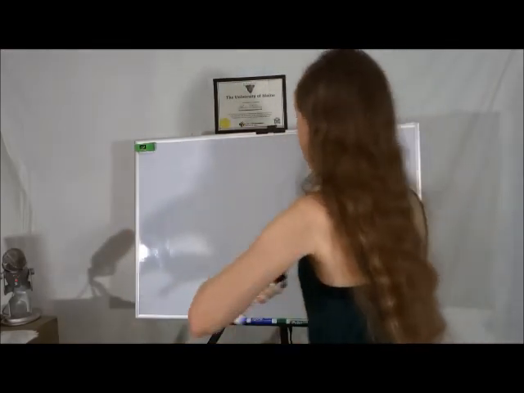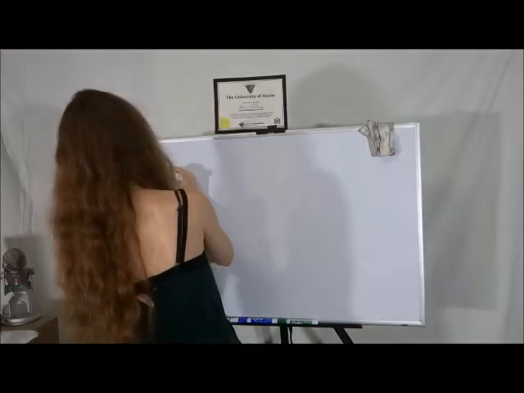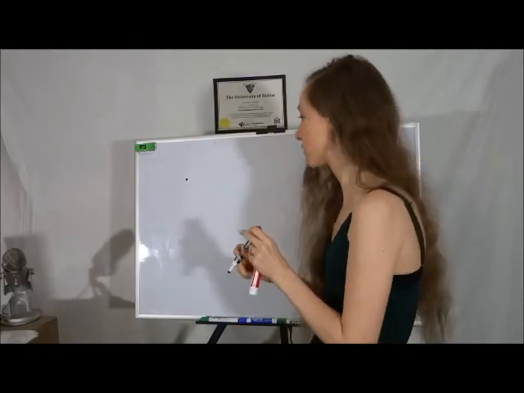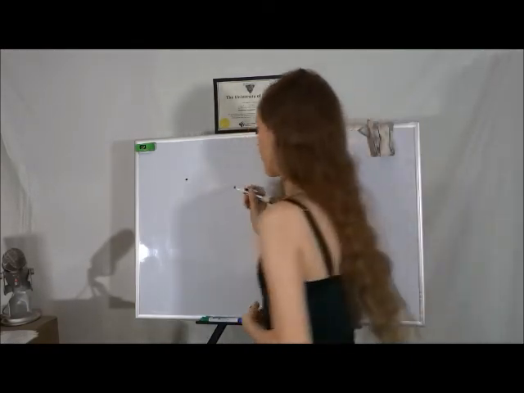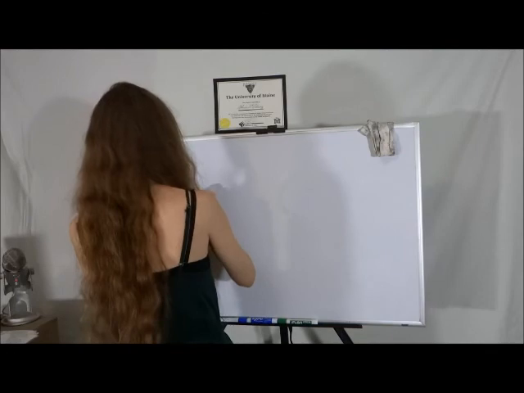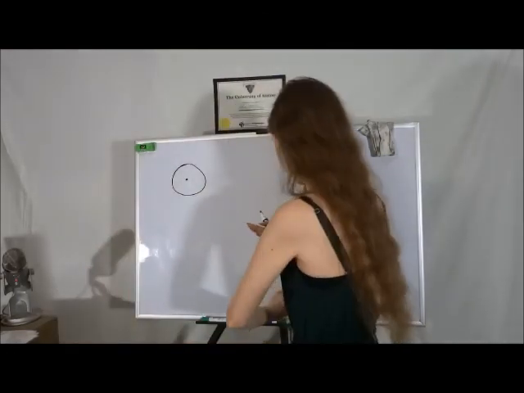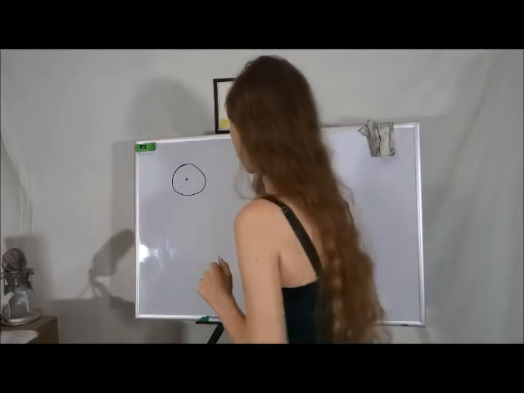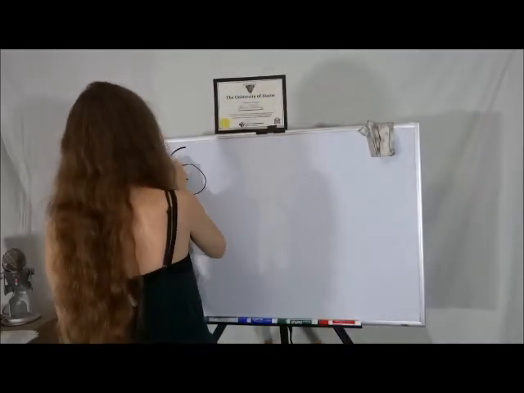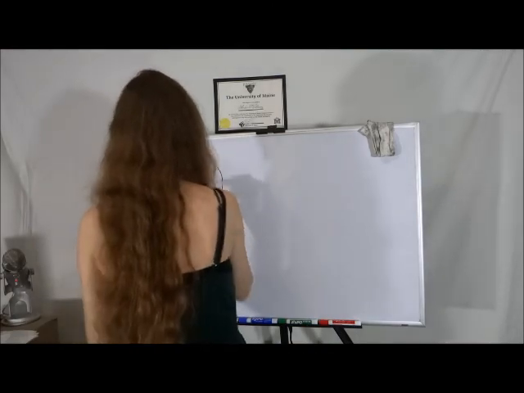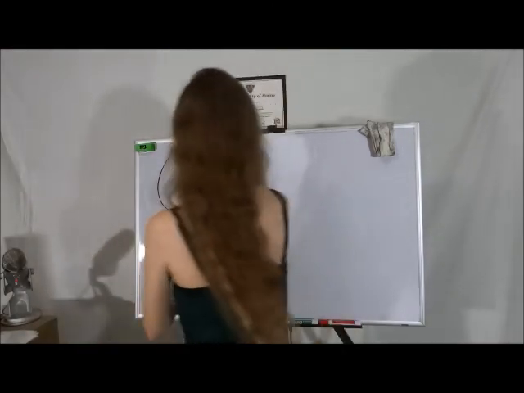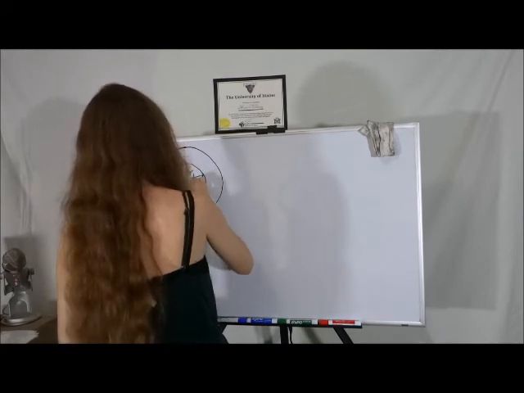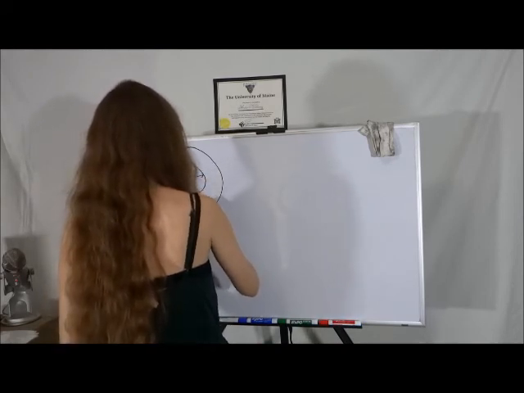So we have a source for our wave, which I'm going to draw with a little dot, so that's where our wave originates from. And then it moves spherically outward. It's on the whiteboard, so I can only draw it in 2D, so they're going to look like circles, but remember that these are actually spheres. So at one distance our wave will look like this, at the next distance our wave will look like this. So this one has a radius R1, this one has a radius R2.